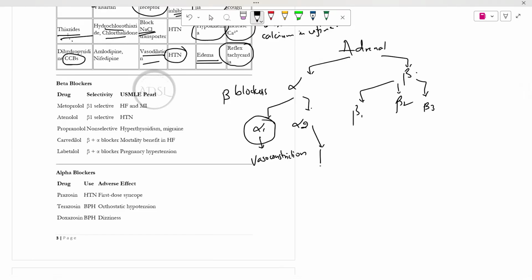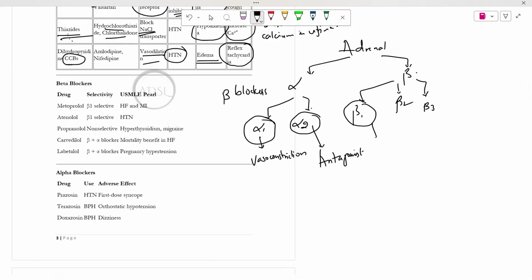Alpha 2 is an antagonist of the adrenergic. It goes to the preganglionic region and blocks the ganglion. So effects of adrenaline do not take place. So alpha 2 is like anti-adrenergic.